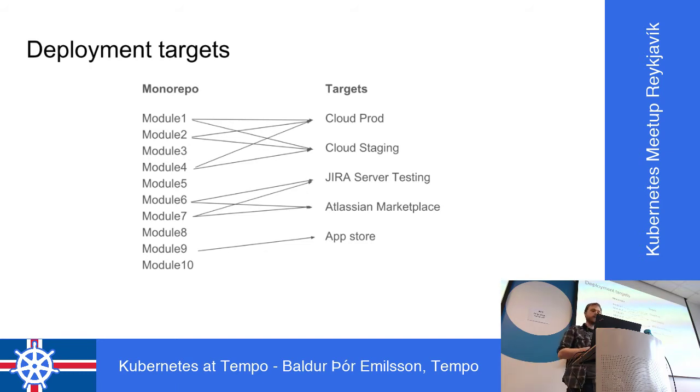So we also have this server build that we have to test in a different way, and then we have to release them in a different way, because we're not just deploying them, we're actually releasing them on the Atlassian marketplace with some release notes and metadata and so on. And then we also have a mobile app that we have to release to the App Store.